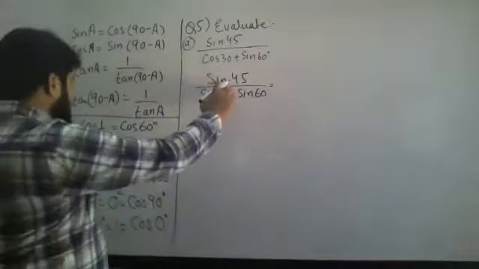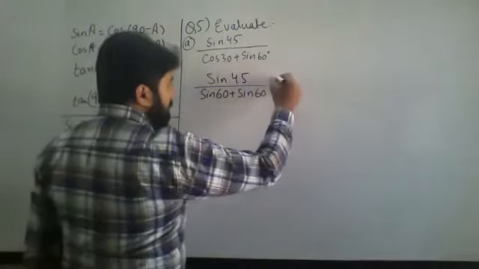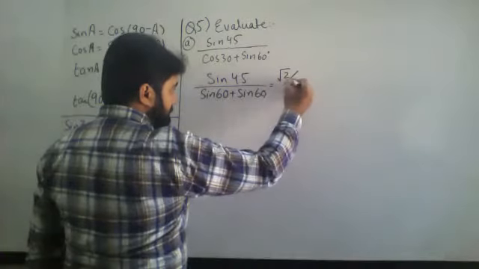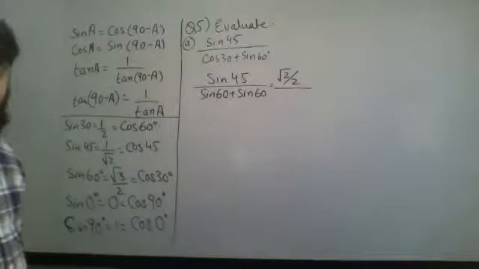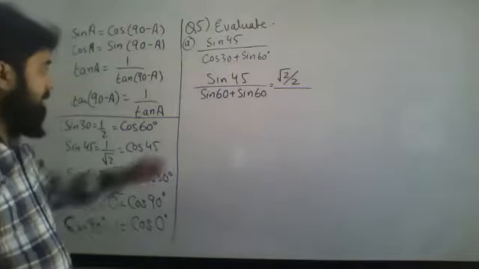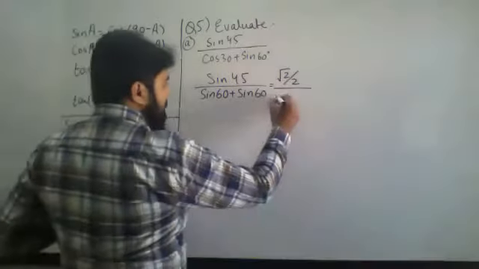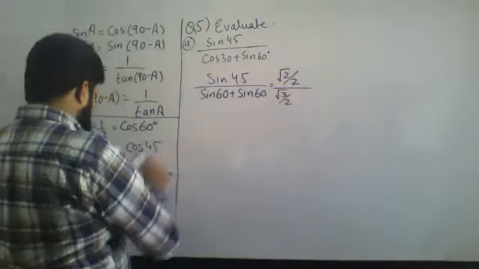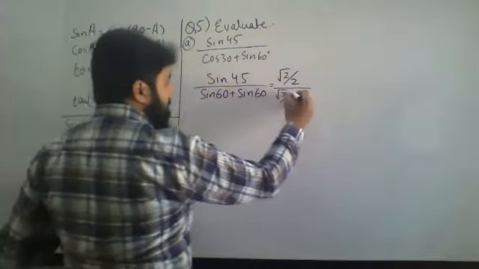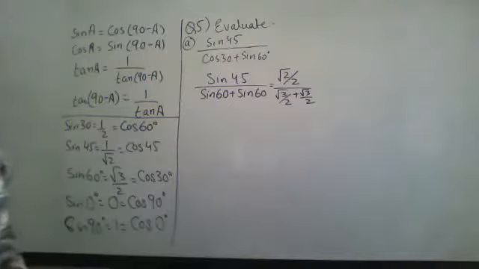Okay, so sine 45, the value is 1 over under root 2, but your calculator will show under root 2 upon 2. Okay, because it is rationalized. Sine 60 degree is coming under root 3 over 2, under root 3 over 2.